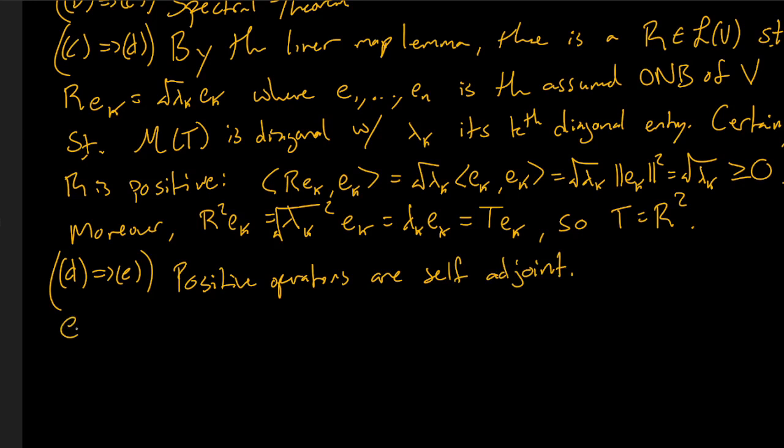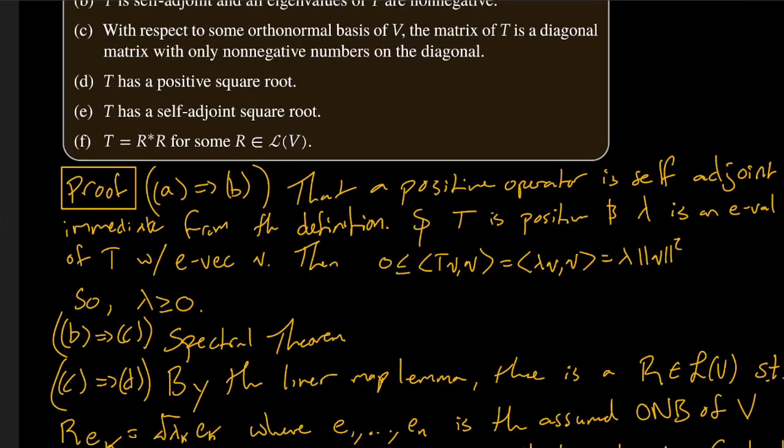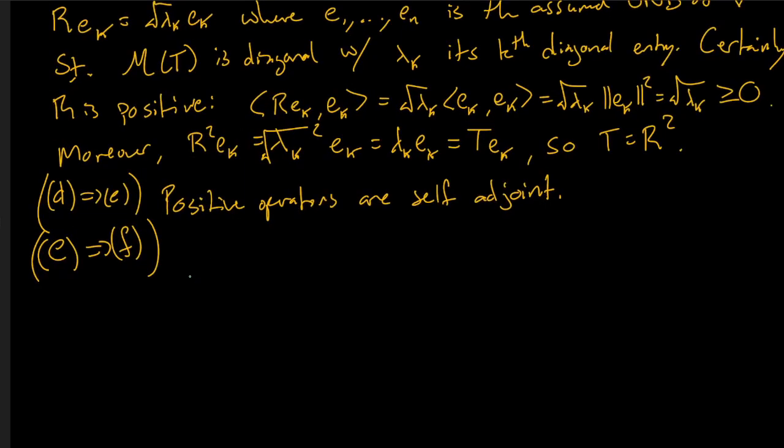Let's do E implies F. Now what we want to say is that if we've got a self-adjoint square root, then T is equal to R's adjoint times R for some R. Let's prove that. Suppose T equals R squared and R is self-adjoint.